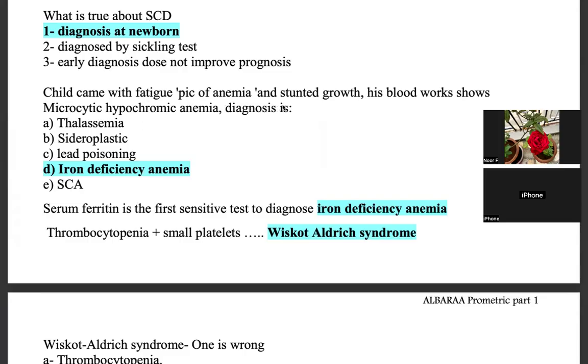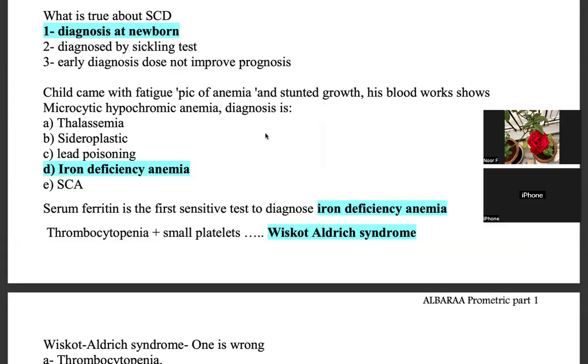Picture of anemia and stunted growth, you can see in all. Blood work shows microcytic. I think chronicity, prolonged time. But still, all these are microcytic hypochromic anemia: thalassemia, sideroblastic. Not come with jaundice, maybe. If it comes with jaundice, it may indicate thalassemia or sickle cell anemia, with high retic count.